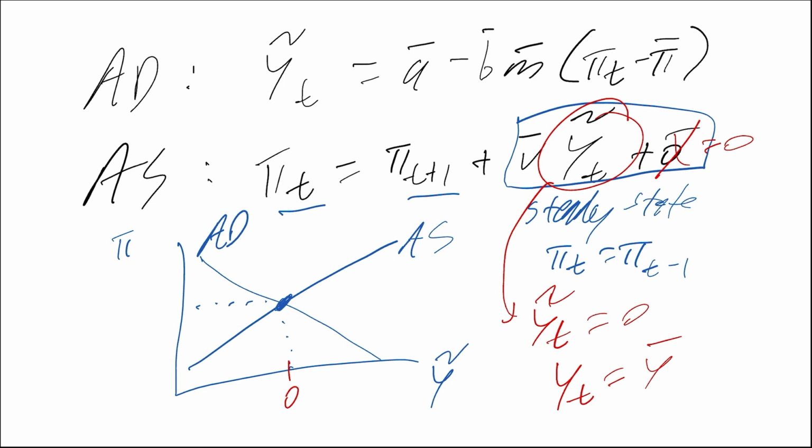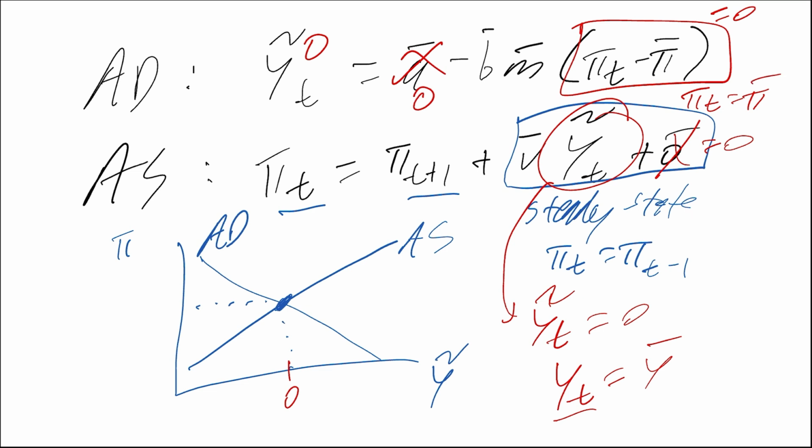So at that point, there's no percentage deviation in this year's output from our potential level of output in the long run. And if this is equal to 0, we're going to have no demand shock in the steady state. As a result of that, we know that this must equal 0. And as a result, inflation must be at whatever our target is. So our inflation level here would be equal to our target.